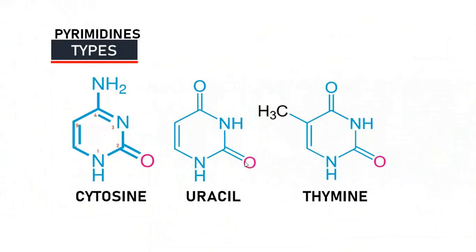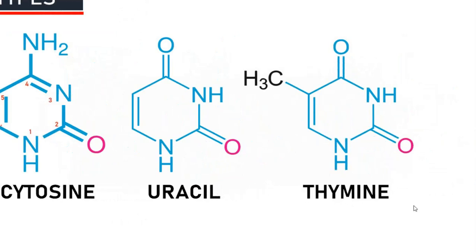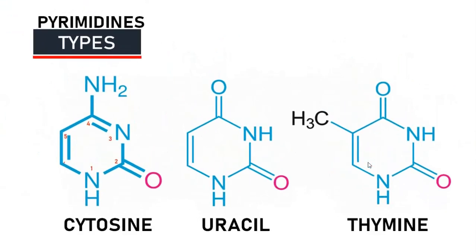Then coming to the types of pyrimidines, by combining both DNA and RNA, we see the presence of three different kinds of pyrimidines. They are cytosine, uracil, as well as thymine. These are the three kinds of nitrogenous bases that come under the pyrimidines.